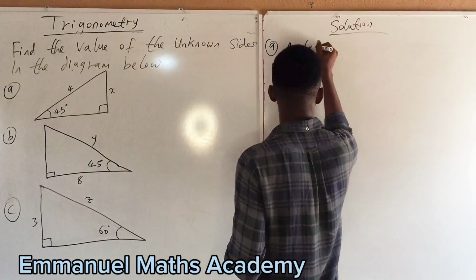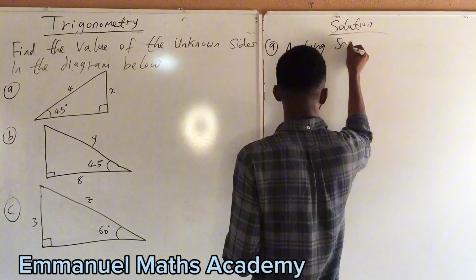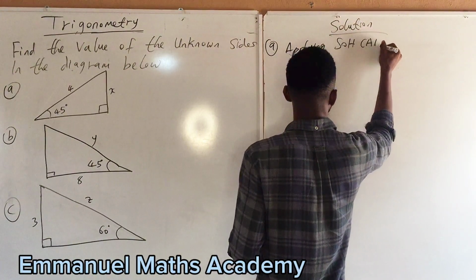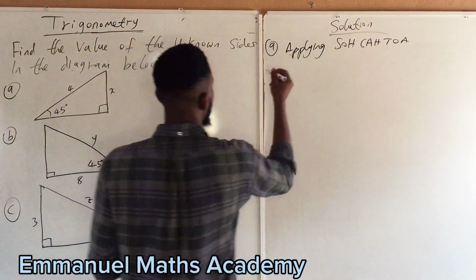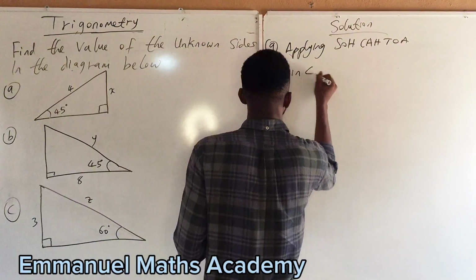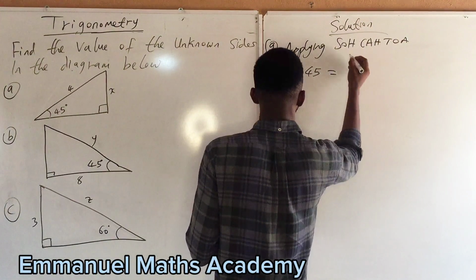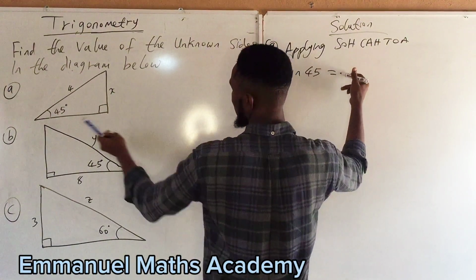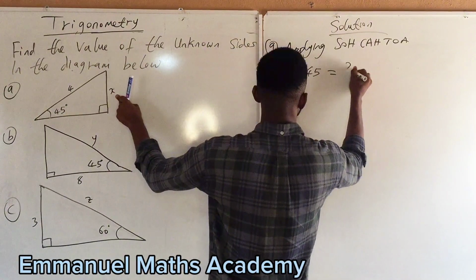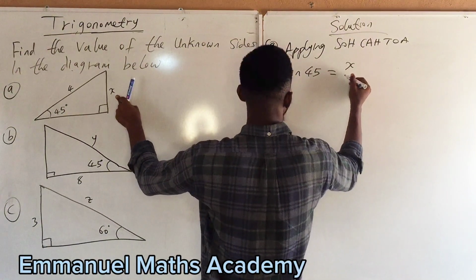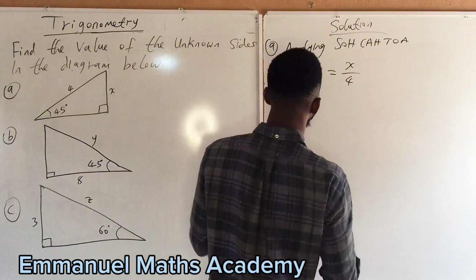Now from A, applying sine 45 is equal to opposite over hypotenuse. What is our opposite here? Opposite here is x. And our hypotenuse is 4.